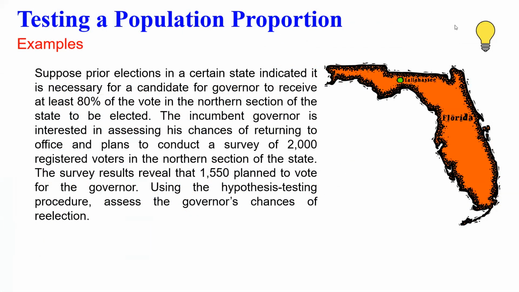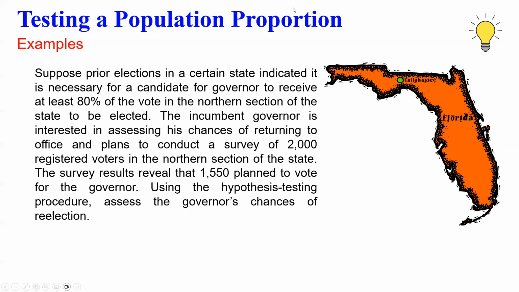Take a look at this example. Suppose prior elections in a certain state indicated that it is necessary for the candidate for governor to receive at least 80% of the vote in the northern section of the state to be elected. The incumbent governor is interested in assessing his chance of returning to office and plans to conduct a survey of 2,000 registered voters in the northern section of the state.